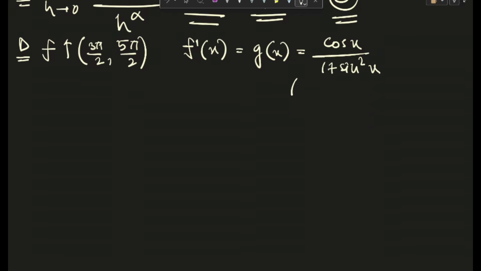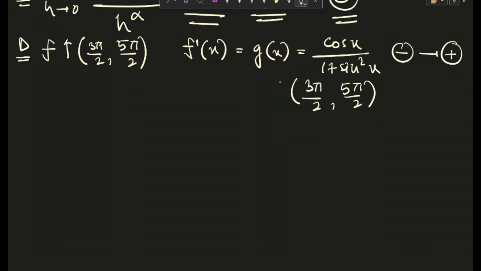So in our given interval 3 pi by 2 to 5 pi by 2, if we put 3 pi by 2, say, cosine 3 pi by 2, which means pi minus pi by 2, it is a negative quantity, and 5 pi by 2 is 2 pi plus pi by 2, so it's a positive quantity. So negative quantity towards positive quantity, which means it is an increasing function.